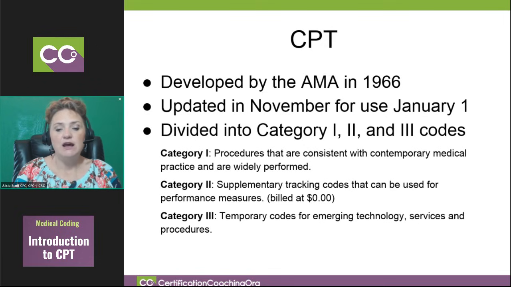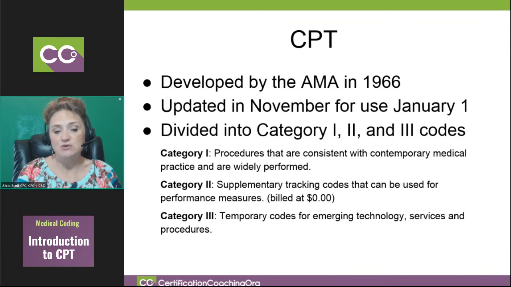However, what becomes difficult is understanding the guidelines, and that's truly what you're being tested on, the guidelines, not the codes necessarily themselves, but the guidelines, the rules that surround those codes. So category 1 codes, that's the bulk of what you are going to be studying, and that's the bulk of what your CPT manual covers.